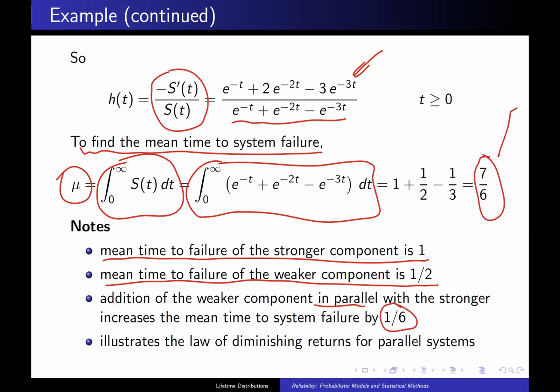Our 7/6, which we have up here, is only 1/6 more than the mean time to failure of that stronger component. This is yet another illustration of the law of diminishing returns for parallel systems. You only get a little bit of help by adding that weaker component in parallel.